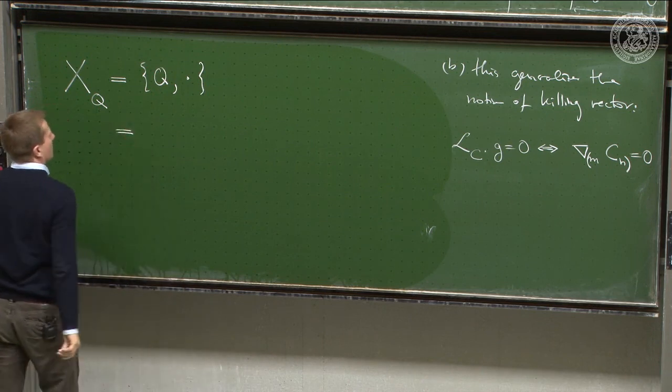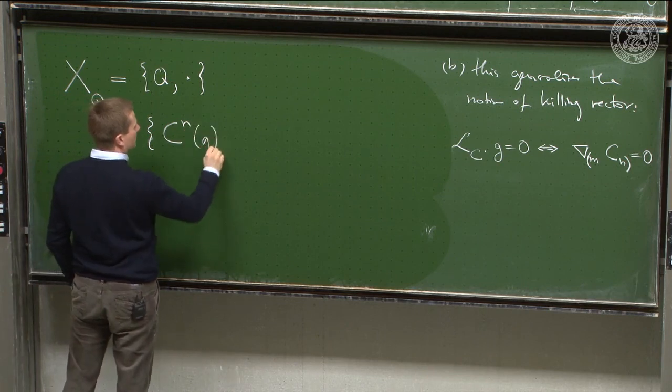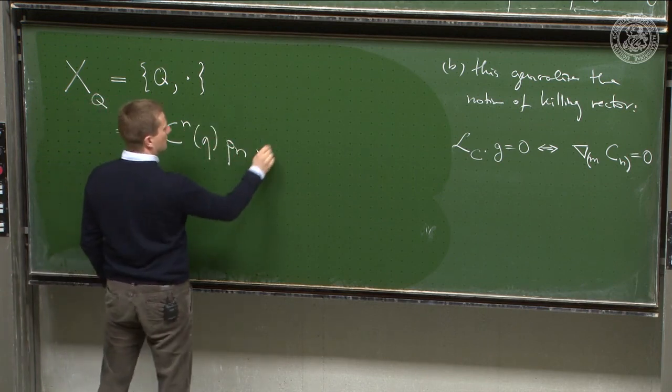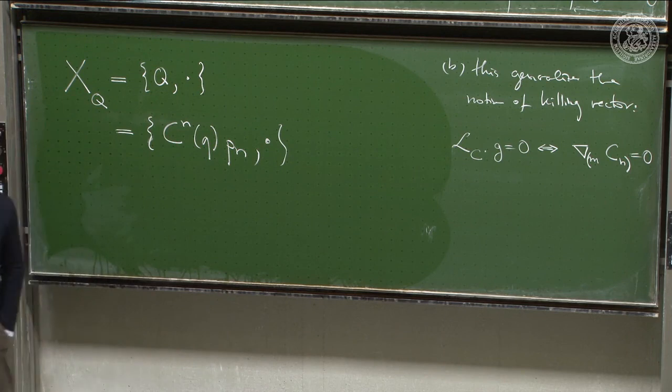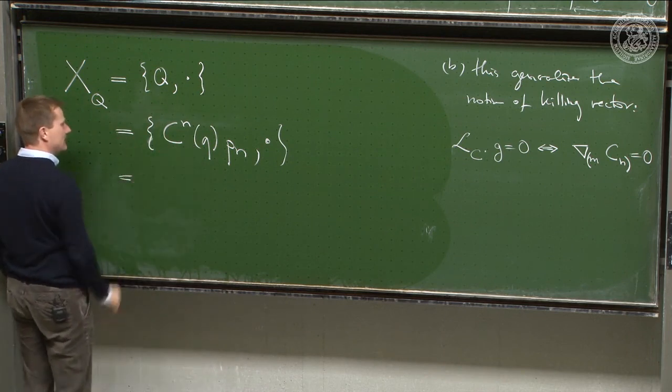But the Q in our case simply consists of a linear term, c_n of q times p_n. Agree? Linear in p. Could have a zero term, doesn't matter, but it's linear here.